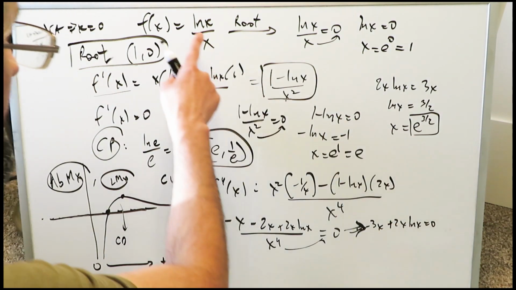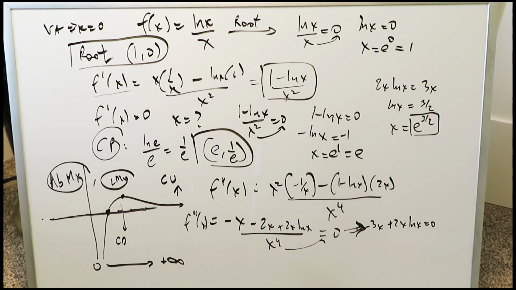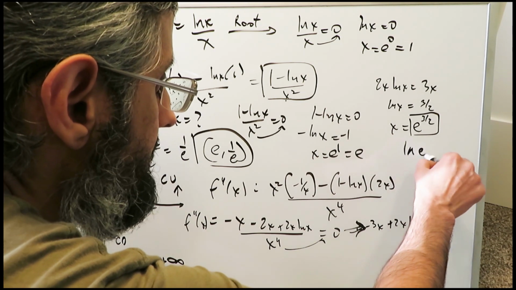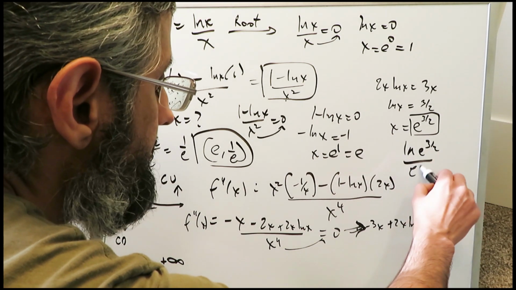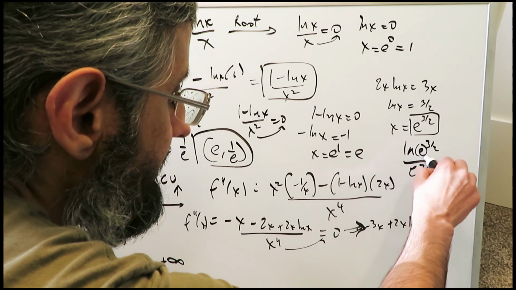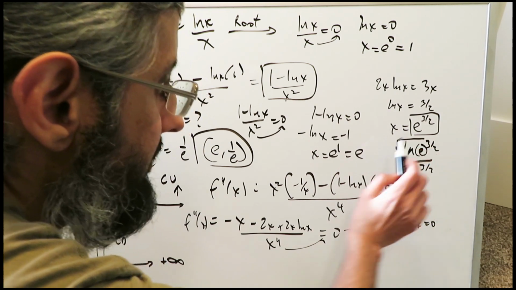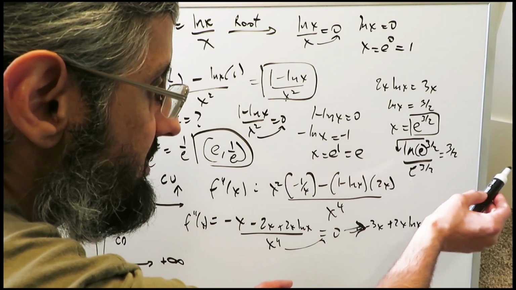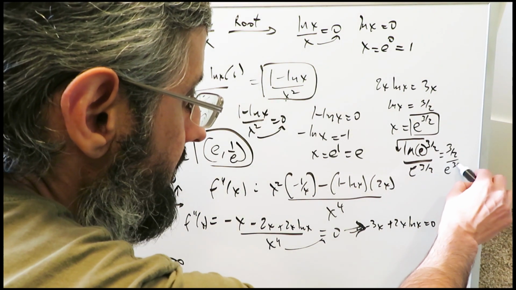If you were to put this into your original function, which is what you would always do to get the corresponding y value, you'll get your inflection point coordinate pair. You'll do natural log e to the 3 over 2 over e to the 3 over 2. You can parenthesize this and bring this exponent out front by means of properties of logs. You're looking at 3 over 2 natural log e, which is just a 1, over e to the 3 over 2.